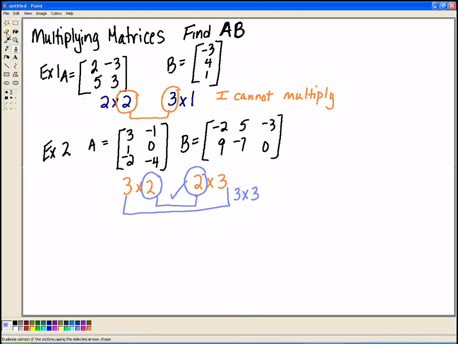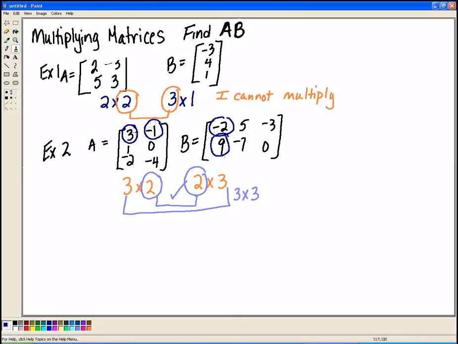So let's look at multiplying the two matrices. Okay? So the way I'm going to do that, what I'm going to do is say 3 times -2 and then plus -1 times 9.